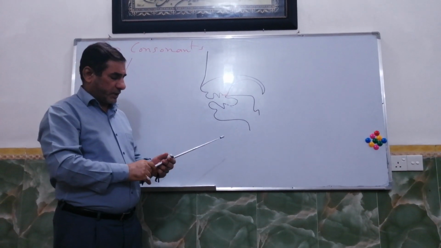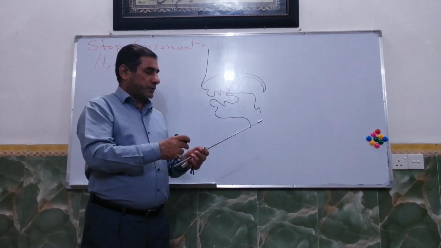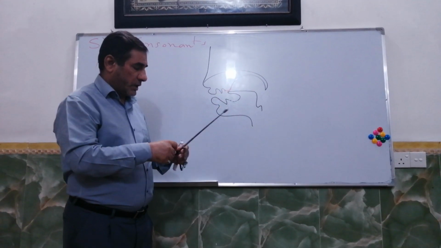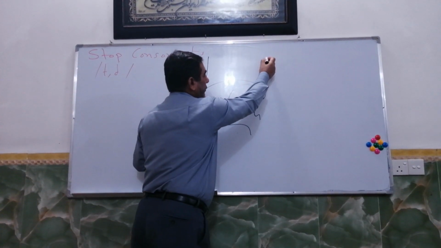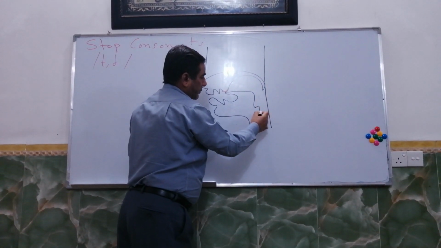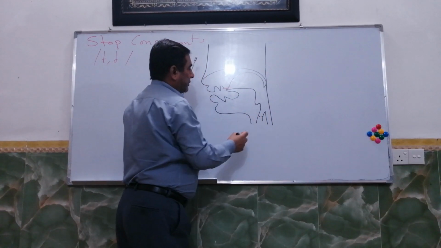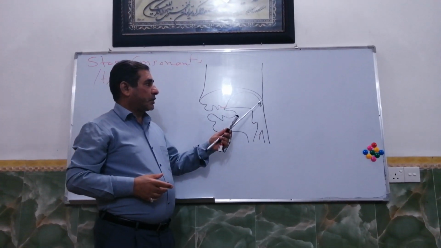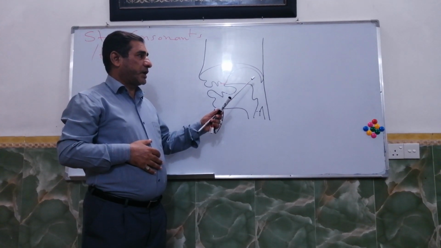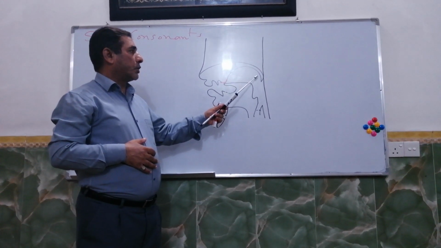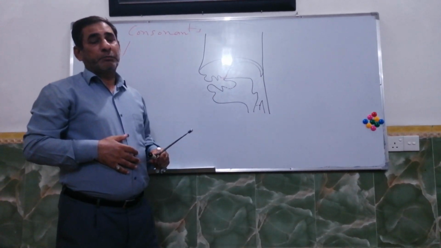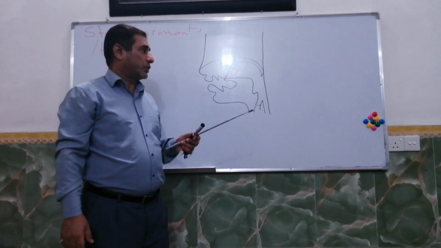Now the second point says that the soft palate is raised. Now we draw it this way. This is the wall of the pharynx, as you see here. The soft palate is raised so that the breath can't escape. Now the breath can't escape through either the mouth or the nose, or through either the oral cavity or the nasal cavity, but is trapped for a short time.